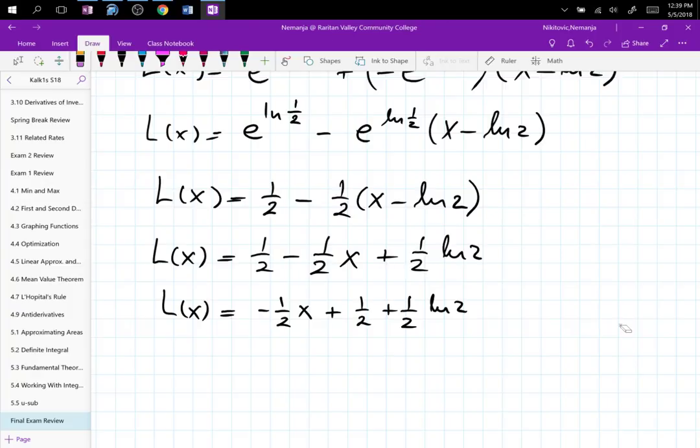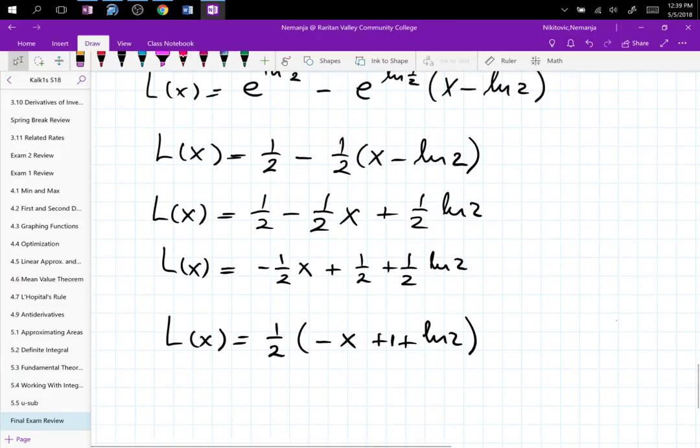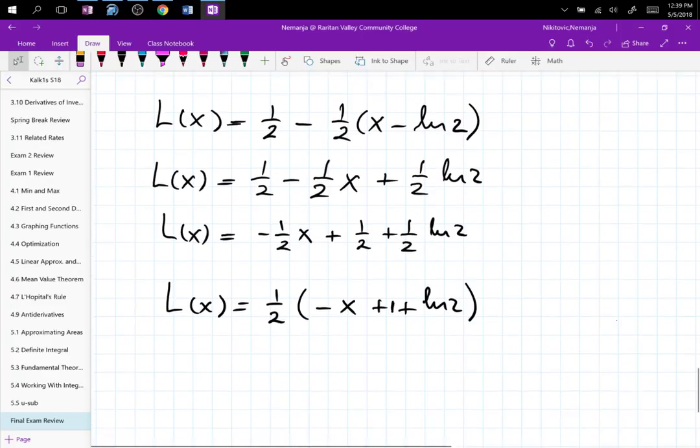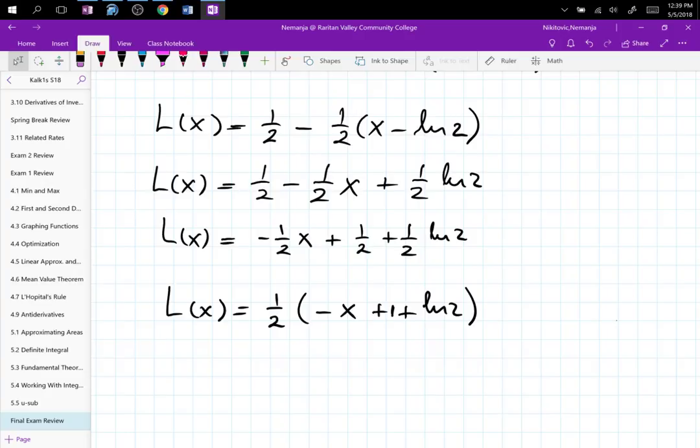But you don't have to. You can just factor out 1/2 now in front, and then just have negative x plus 1 plus ln 2. Right? If you factor out this. Whatever form you have, every line you see here is okay to have.